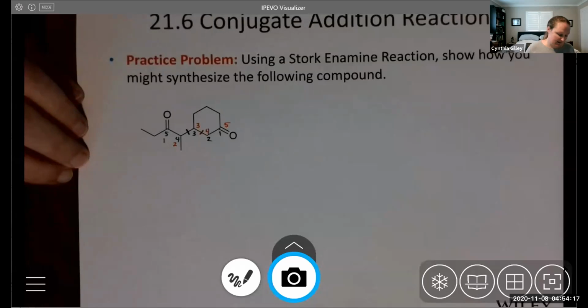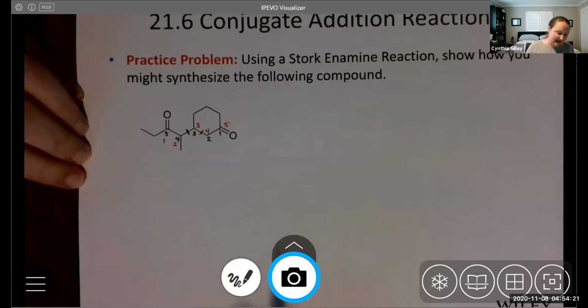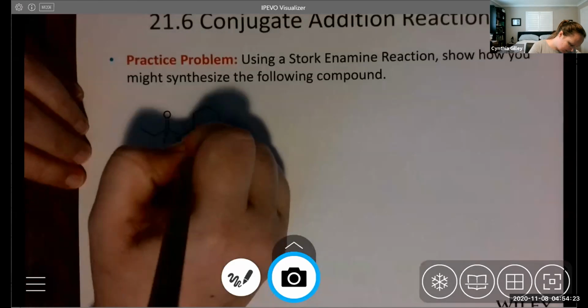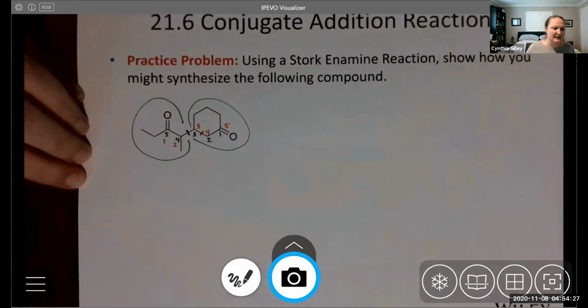So we can then retrosynthetically break it into two pieces. One side needs to be the Michael donor, and the other side needs to be the Michael acceptor.